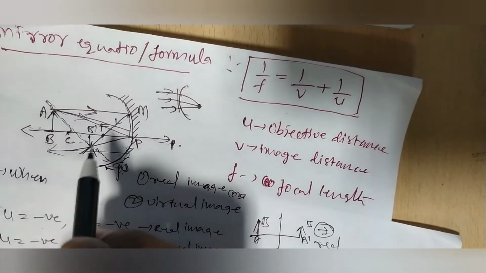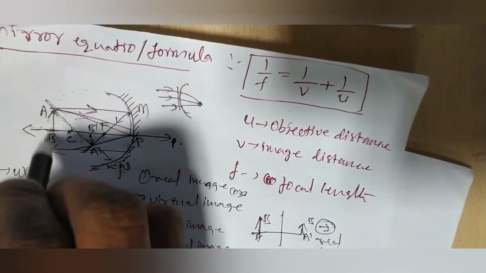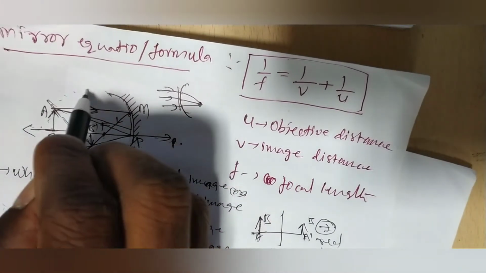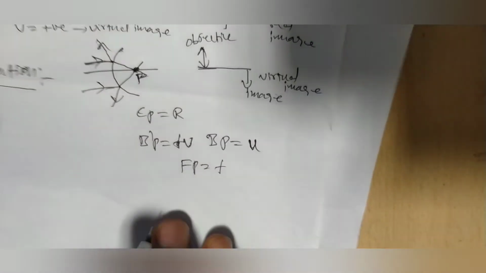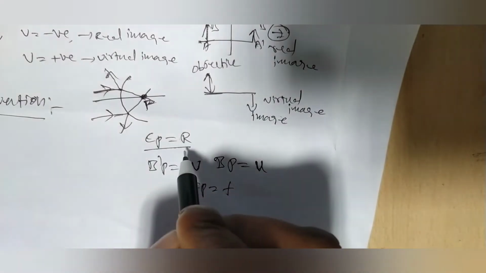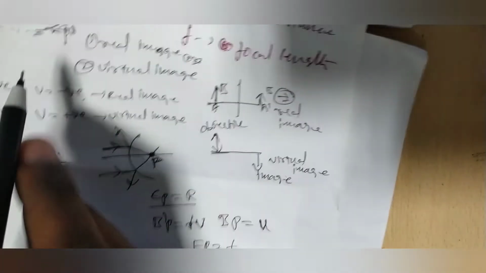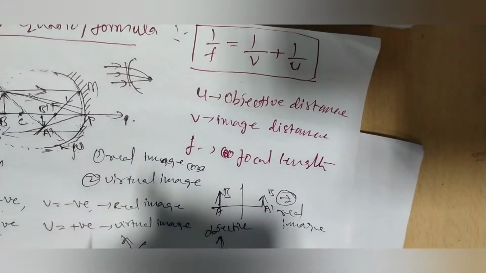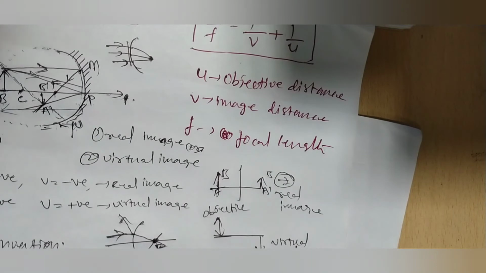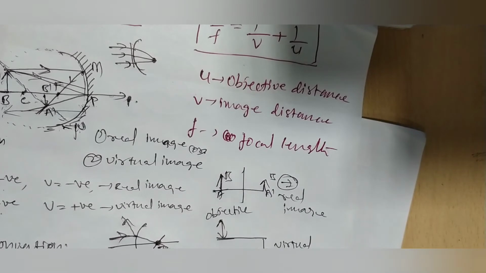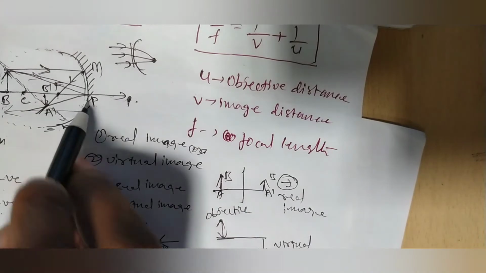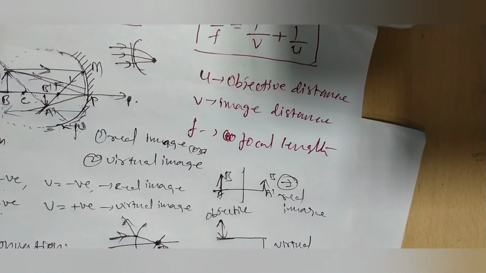C to P is the radius of curvature. See here, CP is the radius of curvature, B dash P is the image distance, B to P is the object distance, and F to P is the focal length.